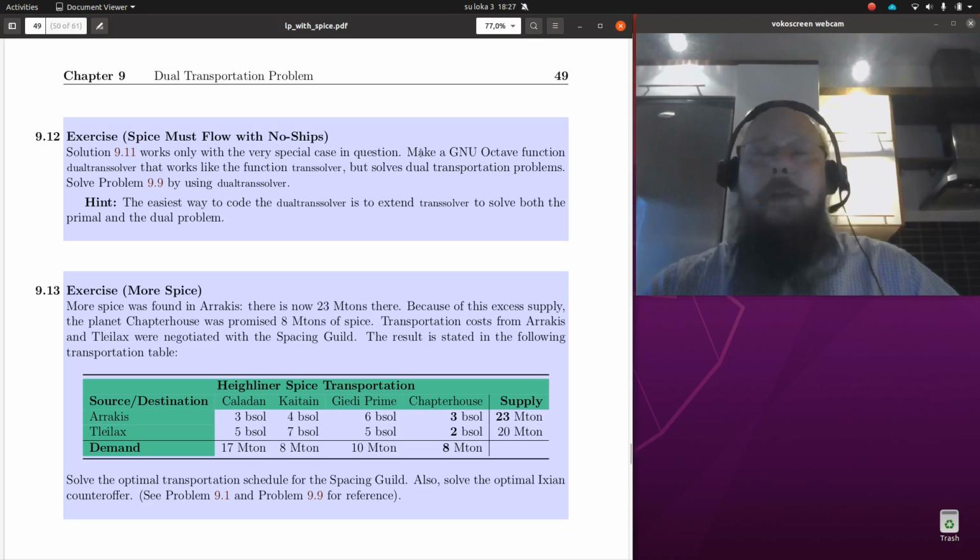And this is indeed what this exercise is about. You have to make a GNU Octave function dual transsolver that should work exactly as a transsolver, but it solves the dual transportation problems. Then to check that your function works, solve problem 9.9 by using dual transsolver.